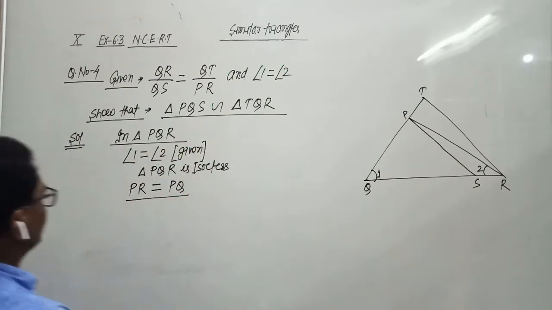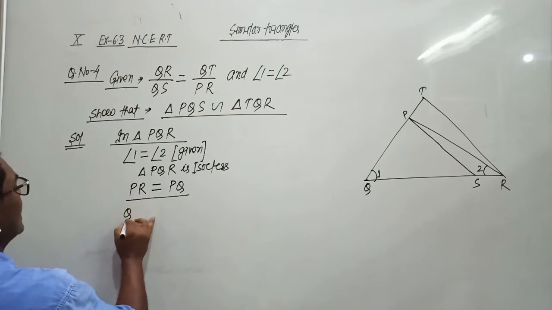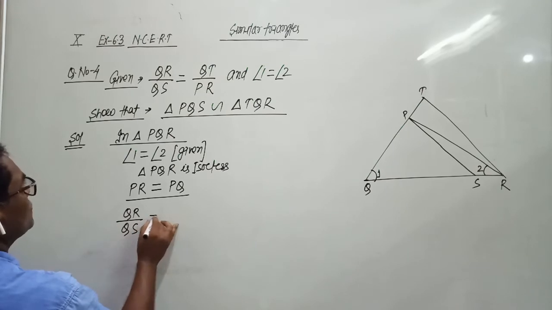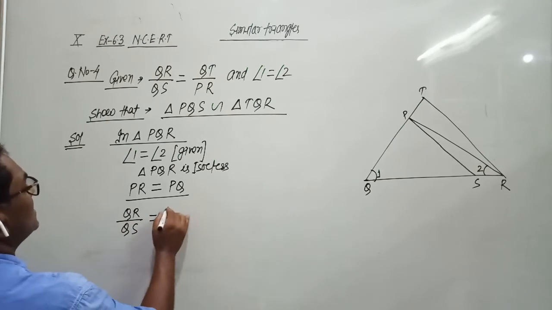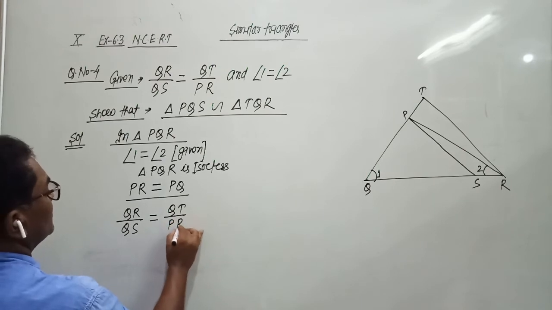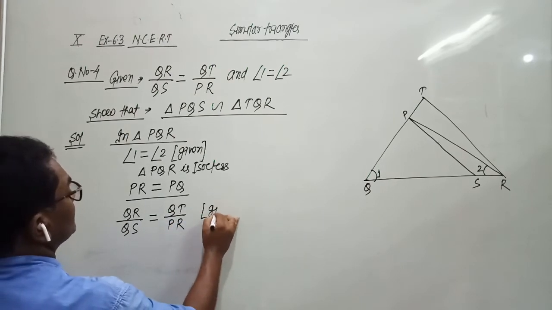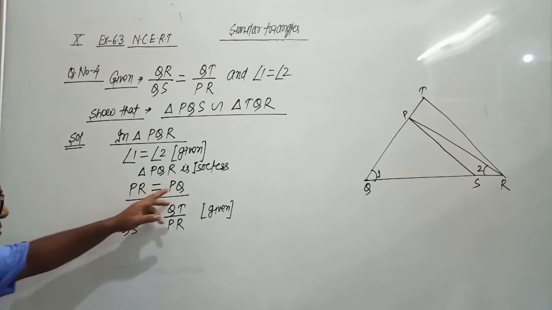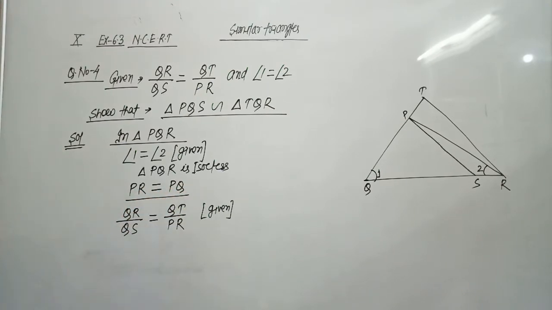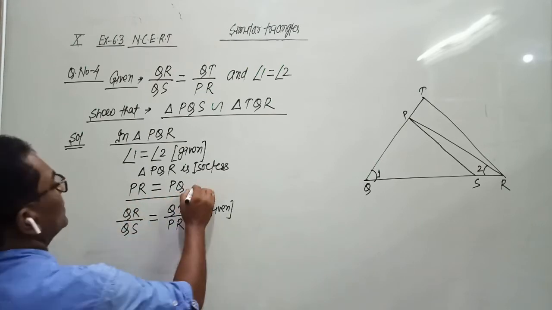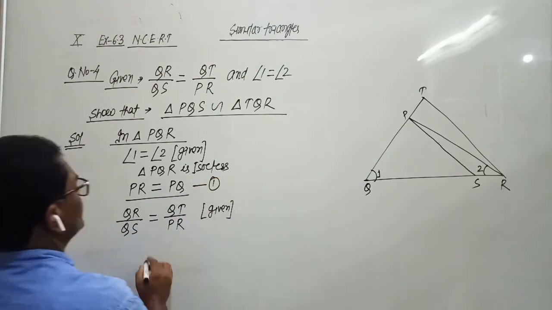Now we have given that QR upon QS equals QT upon PR. So in place of PR, we can write PQ. Name it equation number 1.